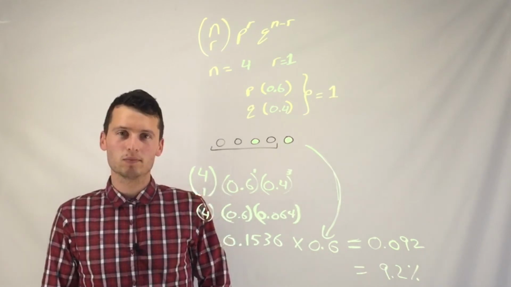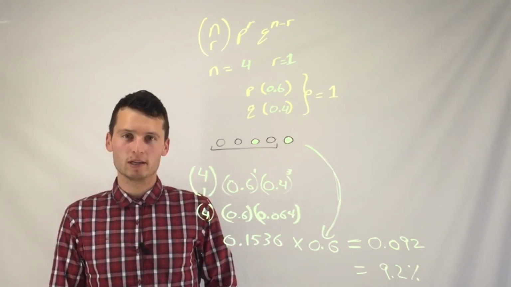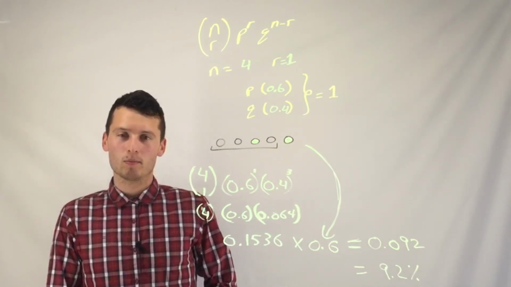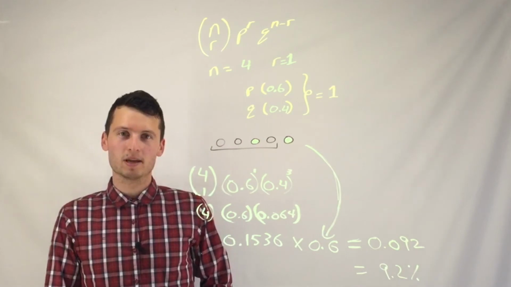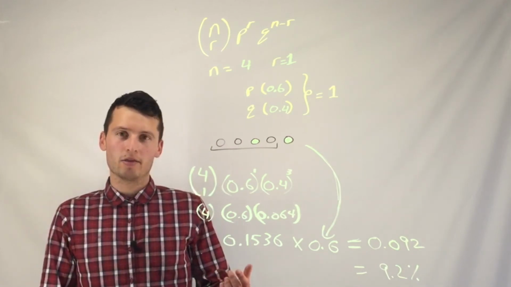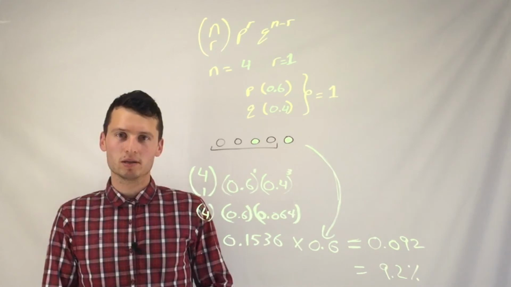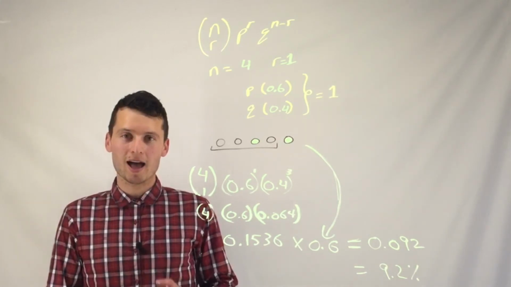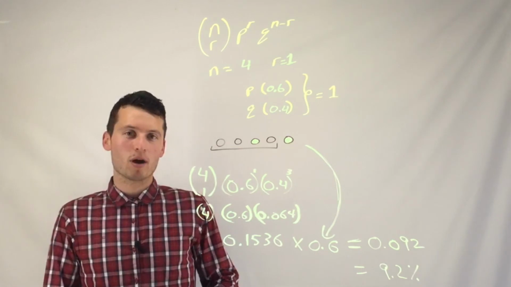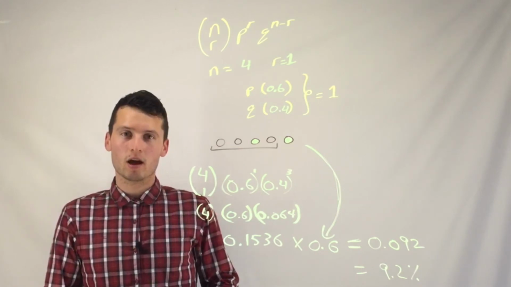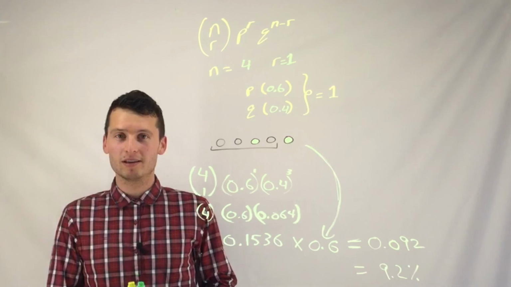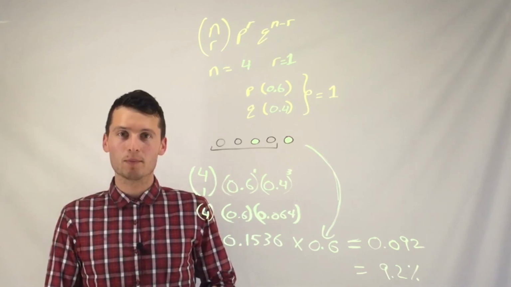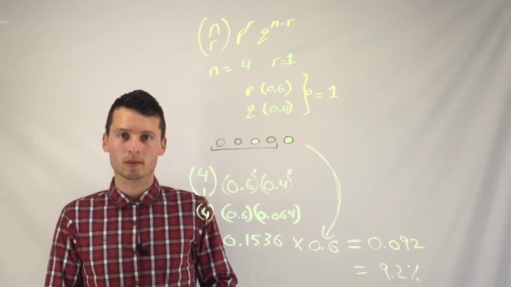And the reason we multiply 0.1536 by 0.6 is because this is the probability that she will score 1 shot from 4 attempts. And the probability that she will score on the 5th shot, when treated independently, remains at 0.6.